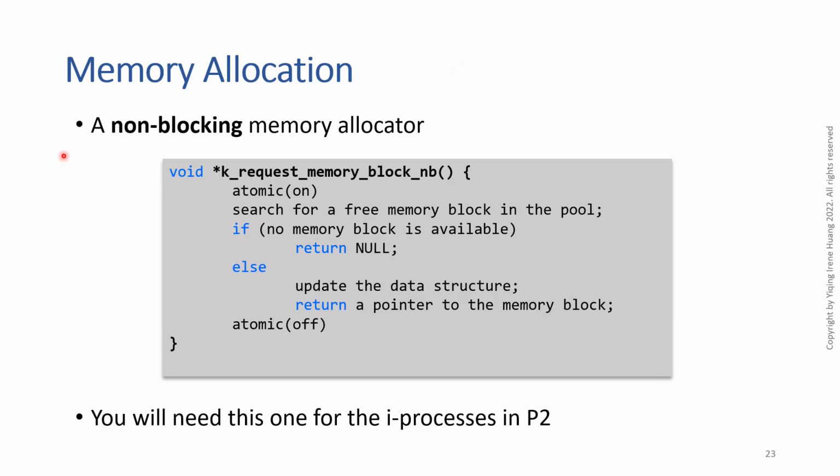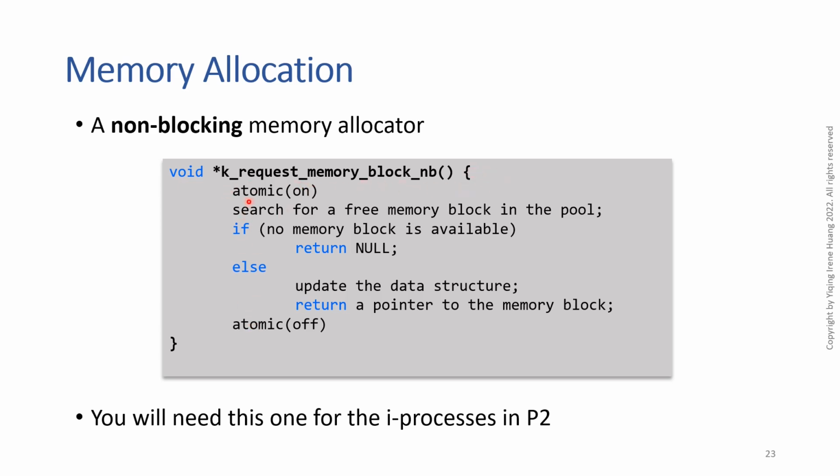Now let's start with the non-blocking memory allocator. So what does non-blocking mean? It basically means the function can return. So if I request a memory block and there's no memory block, the process which makes this request doesn't get blocked. Instead, it will get a null pointer. So here is the kernel version of this function.